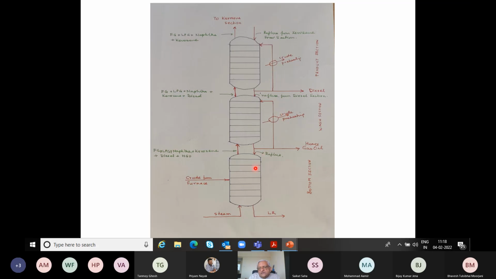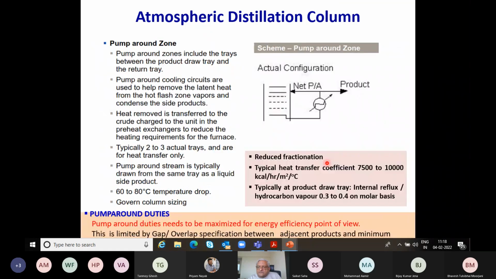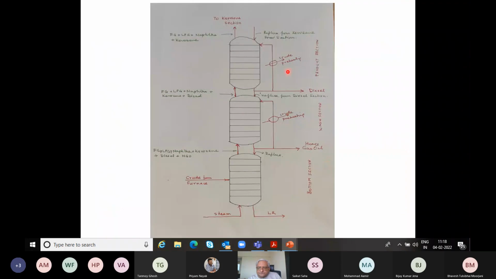I thought I'd draw this to help you understand and relate to what you learned in your undergraduate classes. This column that you see here is nothing but several columns, one above the other. So I hope you now have a better picture of how these columns really operate thermodynamically.